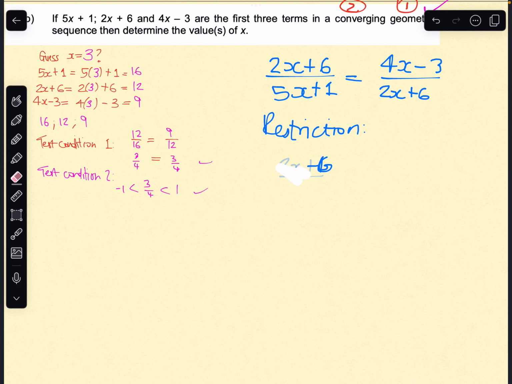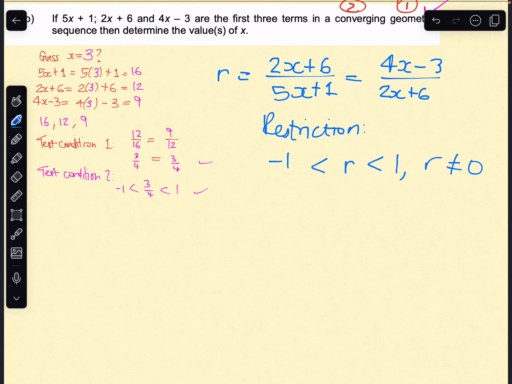I am just going to say r is equal to that. It's the common ratio. And the restriction is that r must be between -1 and 1, and r can't be equal to 0 in order for condition number 2 to be satisfied.